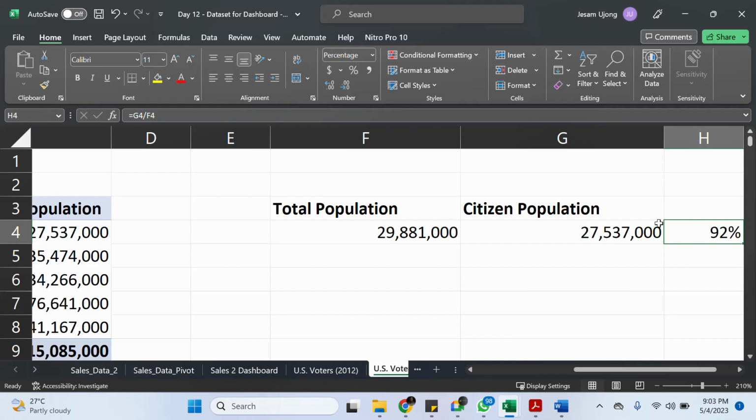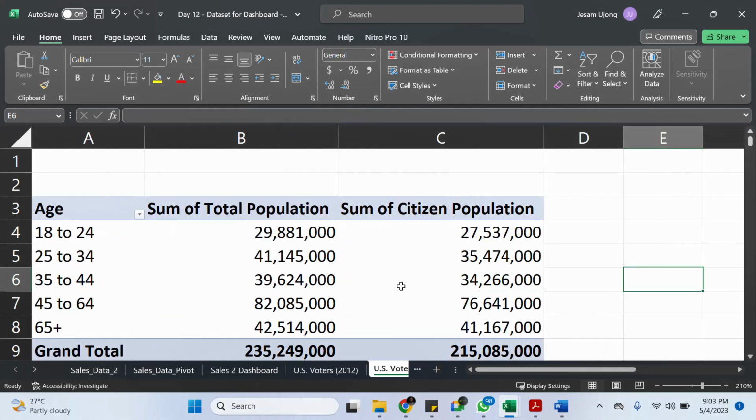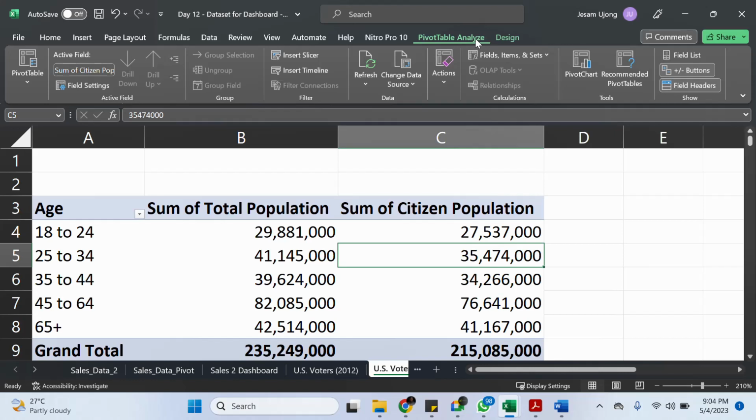Okay, so that is what we want to achieve in our pivots. And for us to do that, we use what is called calculated fields. So on our pivot table, we click on it and go to PivotTable Analyze, which only shows when we are clicked on our pivot table.